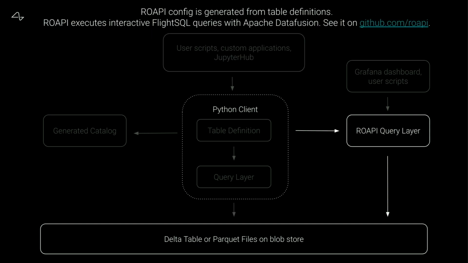And in CI, we also auto-generate a RoAPI config. So some of you might have heard about RoAPI, but for those who don't know, RoAPI stands for read-only API and uses Apache DataFusion, which is a query library that executes logical plans on data and is written in Rust.